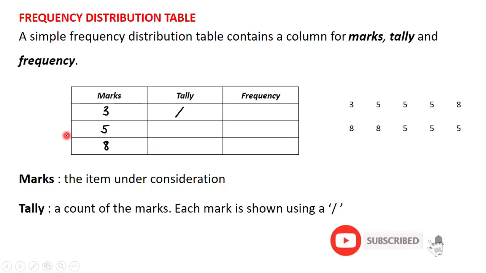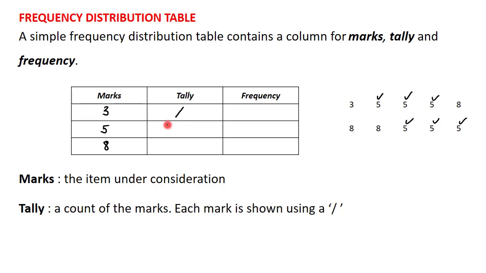Then you move on to the next mark. The next mark is 5. So you come to your data and you count the number of 5s that we have. From our data here, the number of 5s are 1, 2, 3, 4, 5, and 6. So we have 6 of the 5s. Each mark is shown using a stroke. So you are going to have 6 strokes.